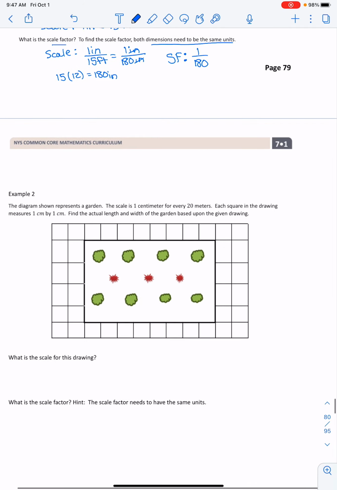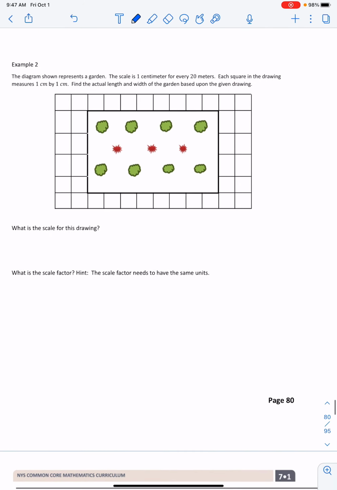Our next question says the diagram shown represents a garden. The scale is 1 centimeter for every 20 meters. Each square in this drawing measures 1 centimeter by 1 centimeter. Find the actual length and width of the garden based on the given drawing.